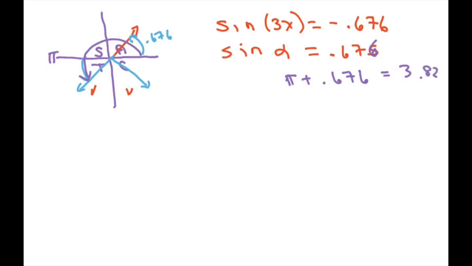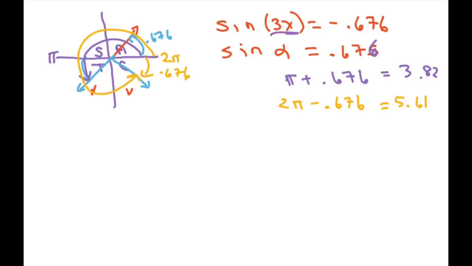And then for this one, I'm really going to take 2 pi minus 0.676, and that's going to give me 5.61. So this whole angle here is that.